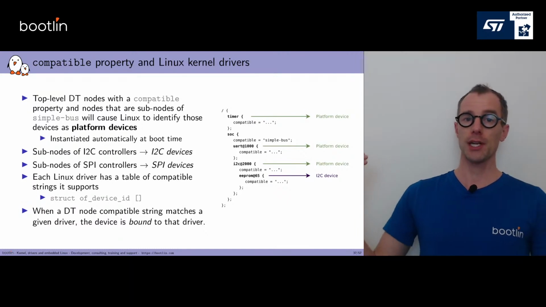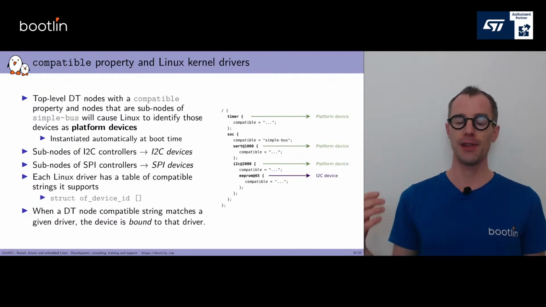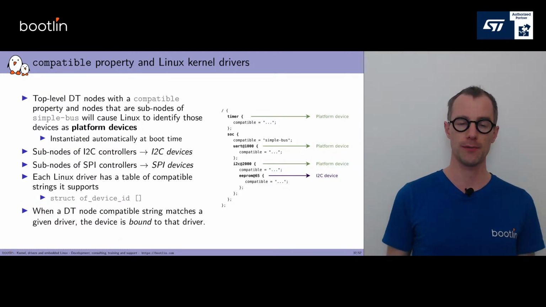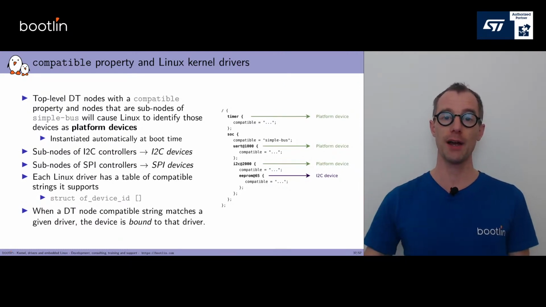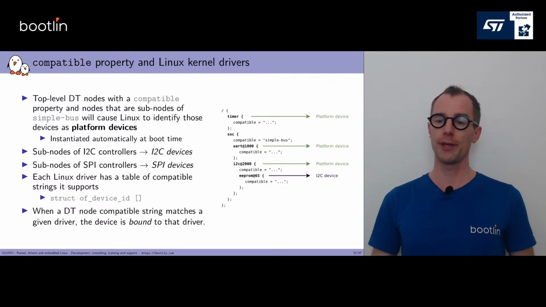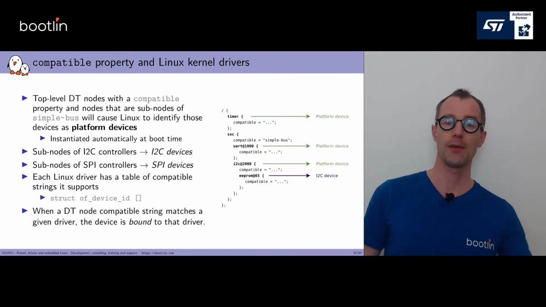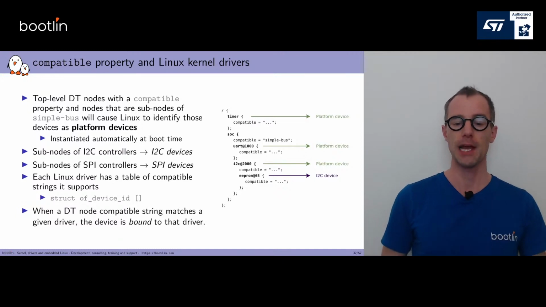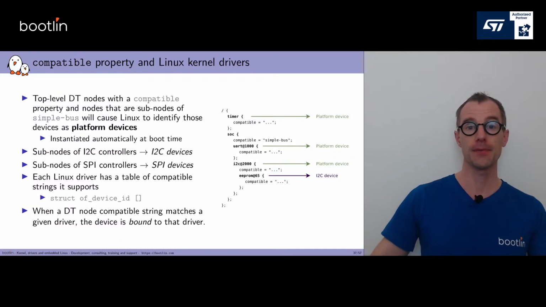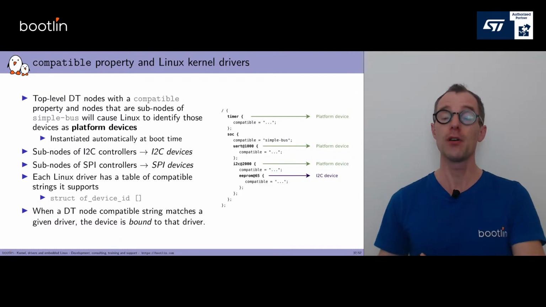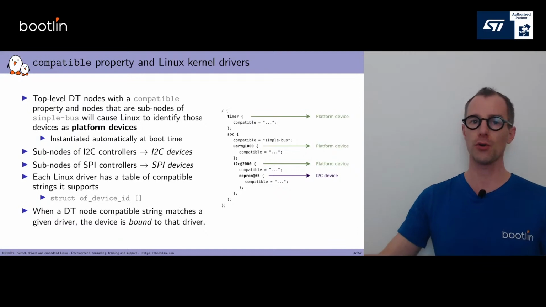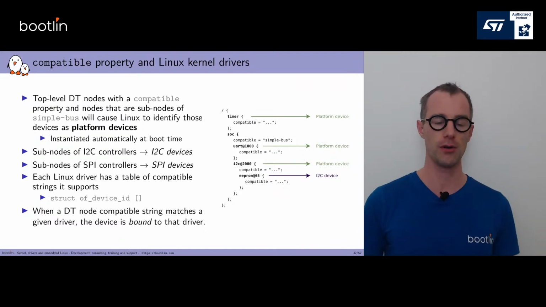Then each Linux kernel driver has a table of compatible strings that this particular driver supports. It's a table of OF device ID structures. And when there is a match between the compatible string of a node in the device tree and one of those entries in that table, then the device is bound to that driver, and that allows the driver to know, ooh, I have a new UART, ooh, I have a new audio codec, ooh, I have a new I2C controller, etc., etc.